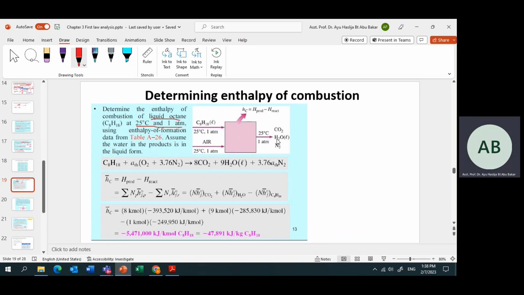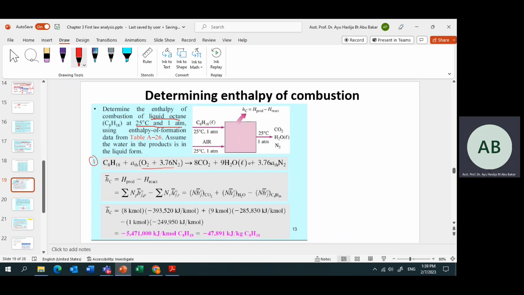It asks you to determine the enthalpy of combustion. Liquid octane reacts with the air. Air, we know here, it is O2 plus 3.76 N2.